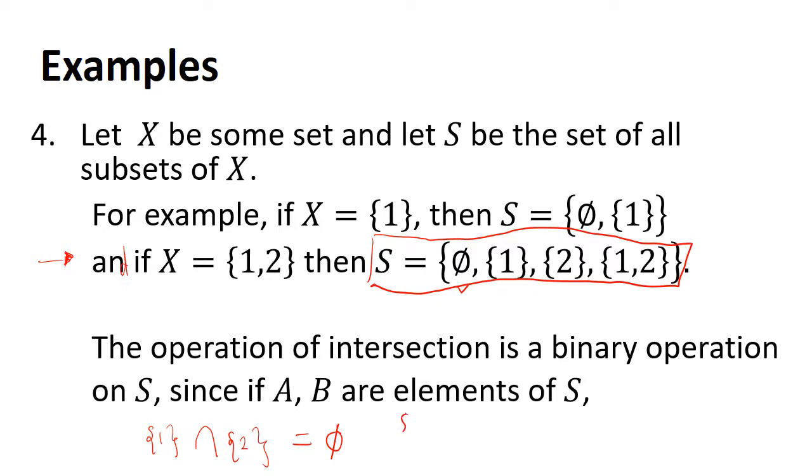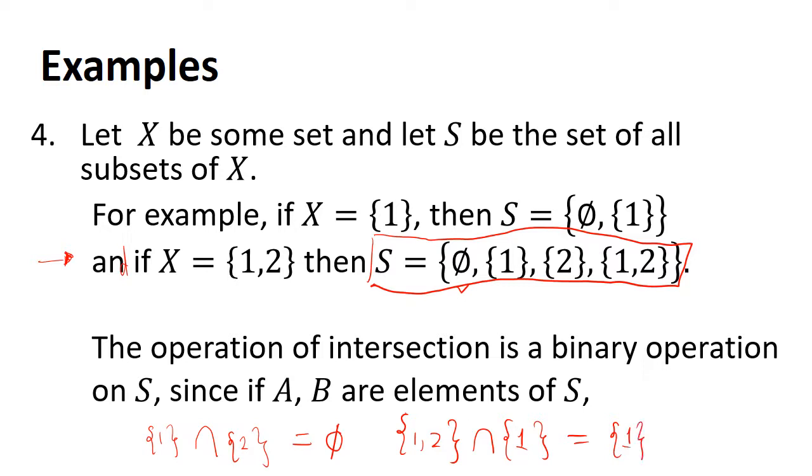How about 1, 2? Okay, I'm sorry. That should be intersection: the set of 1, 2 intersected with the set of 1. Again, intersection means the set of all common elements to both sets. The element common to both the set of 1, 2 and the set of 1 is 1.